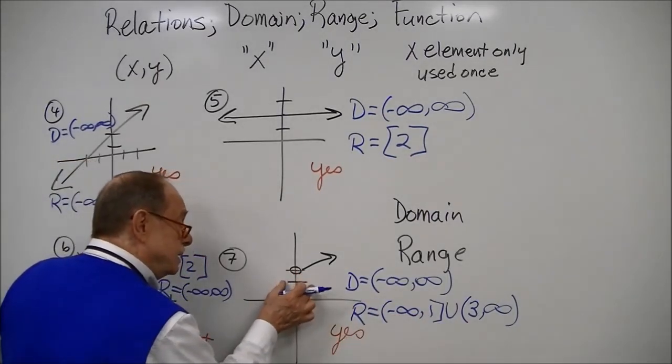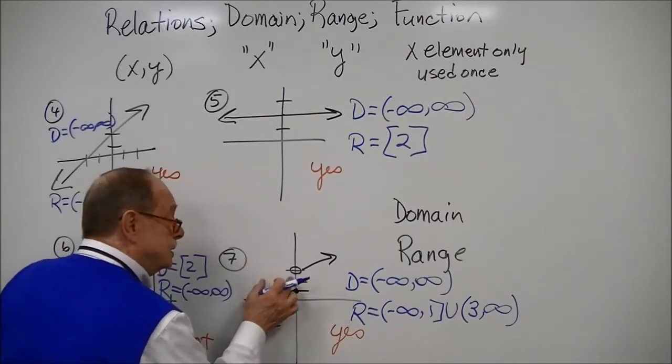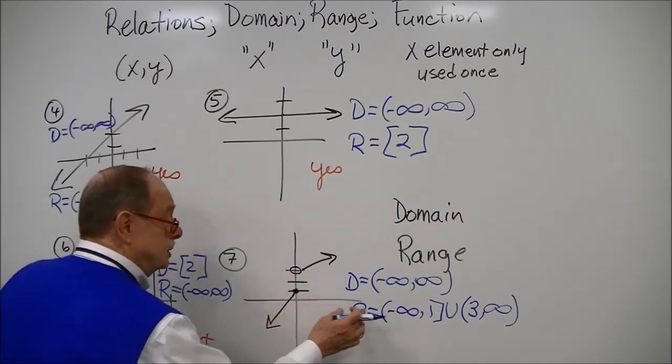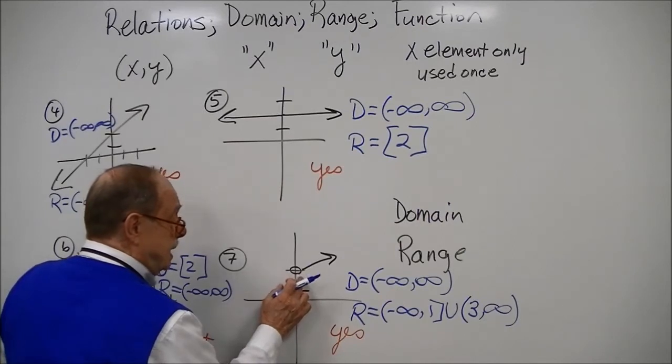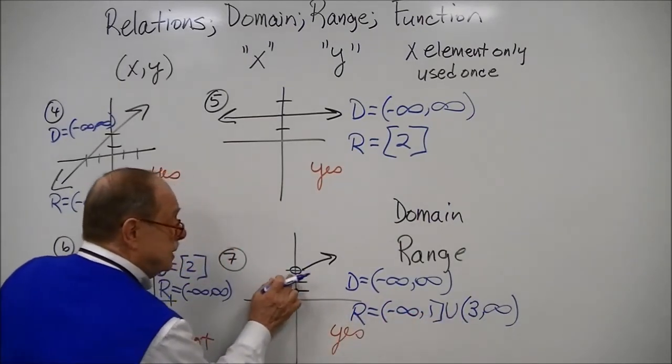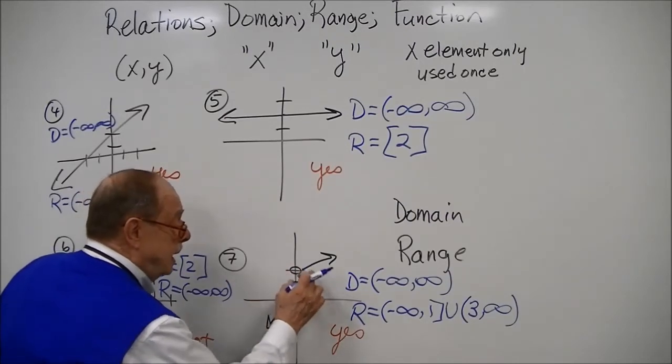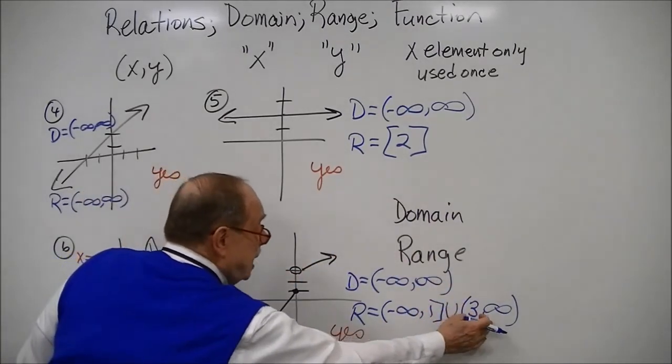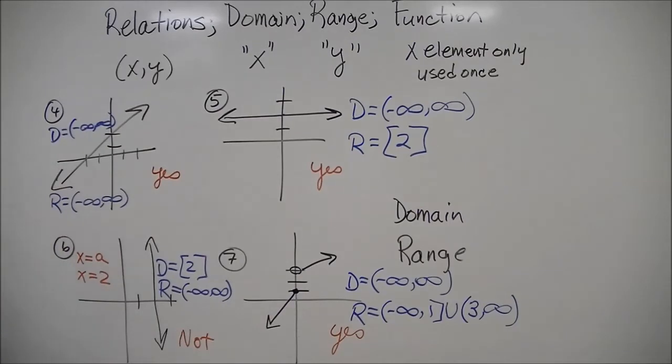And then to link these together, since it's a union, it starts again at 3, but 3's not included because of the circle, and it goes to positive infinity. So as a little review, and as we wrap this up: relations, domain, range, and function.